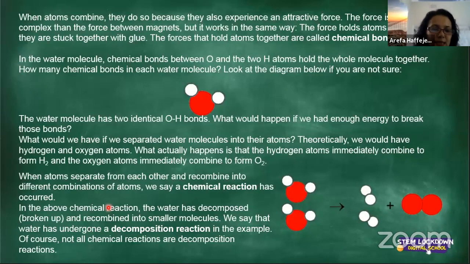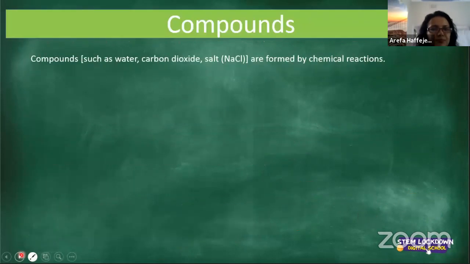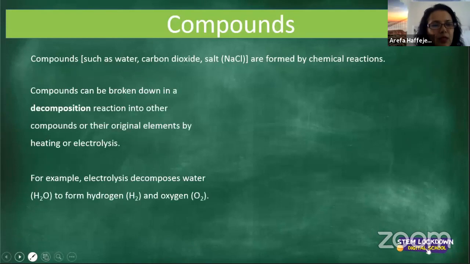Now, you need to understand that not all compounds can be decomposed. Compounds such as water, carbon dioxide, and salts are formed by chemical reactions. Compounds can be broken down in a decomposition reaction into other compounds or their original elements by heating or electrolysis.